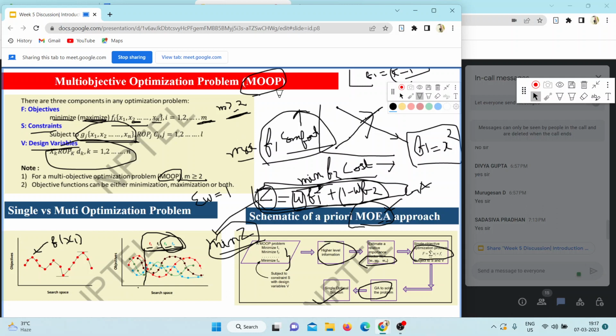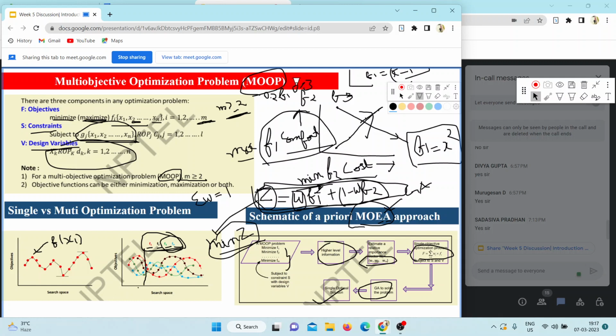Like if there are three objective functions, f1, f2 and f3, you can multiply weights like 0.2 for f1, 0.3 for f2, but whenever you multiply for f3, you have to take care that the sum of all the weights should be equal to 1.